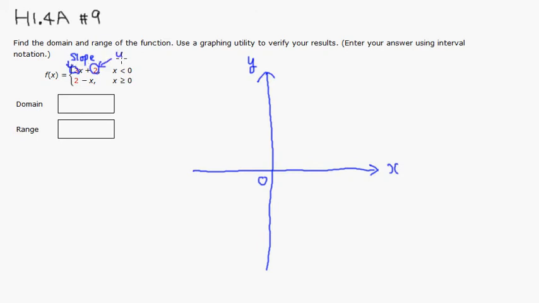Right, so it's going to go through 2, and then the slope is 3, so it's a little steep, so it's going to go like this. So I'm going to just draw a dotted line for now. Just go through 2, and the slope is 3. So it looks like that, right?